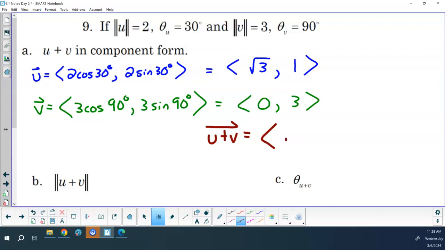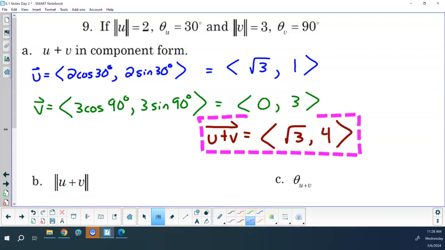Square root of 3 comma 4. Now, find me the magnitude, find me its direction angle. Now that you have it, now you can do your calculation. Tell me if it's 5 or not.